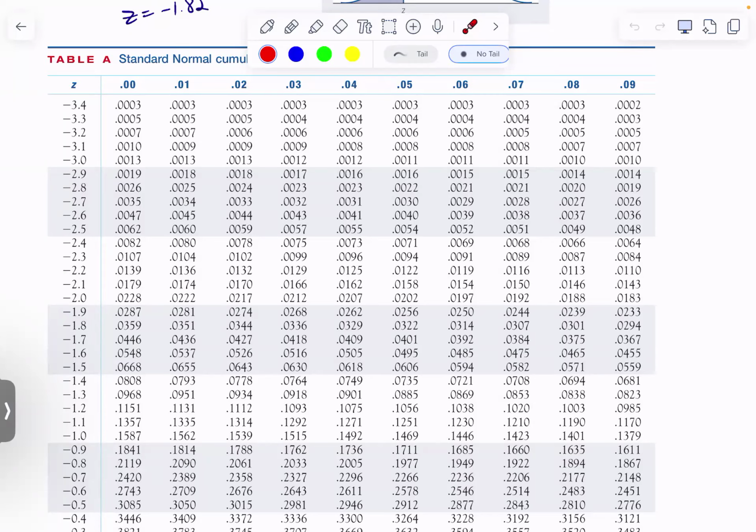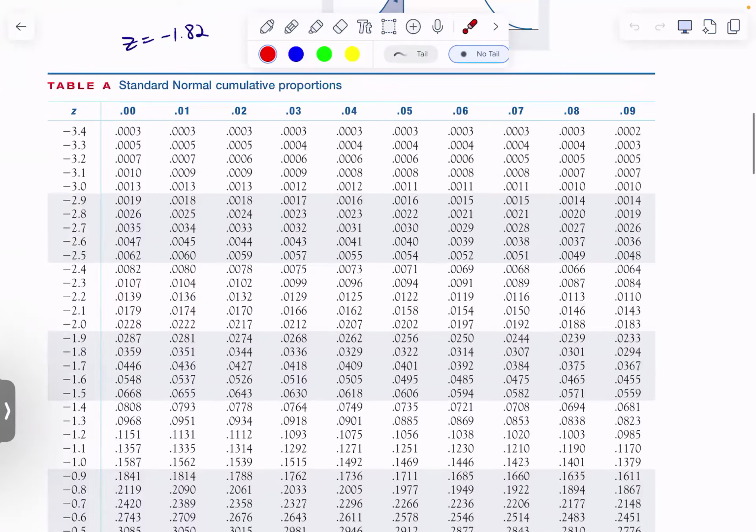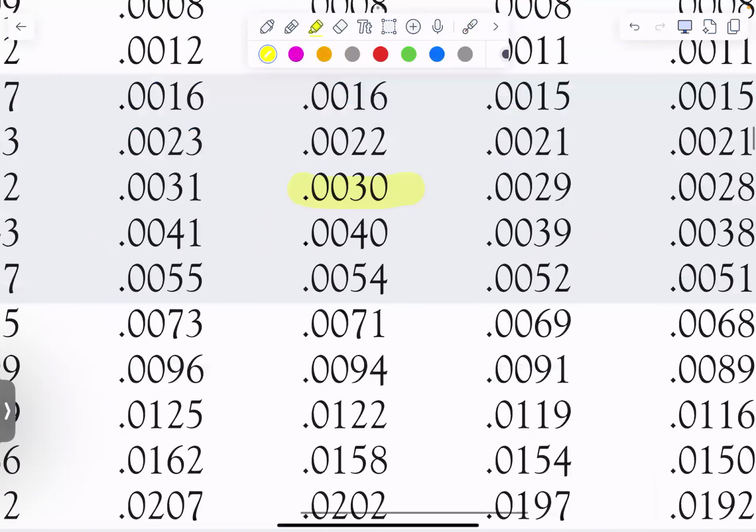What you want to do is find the table entry that's closest to 0.03. Now, there are a couple of things I want to caution, such as, is that 0.03? No. Tempting, but you don't want to fall for it.